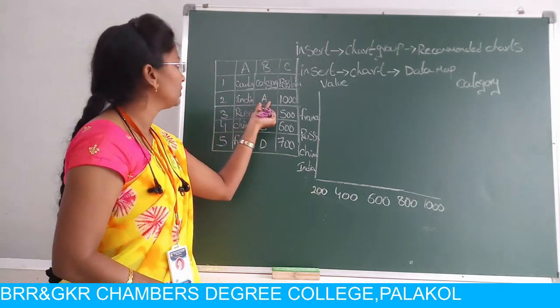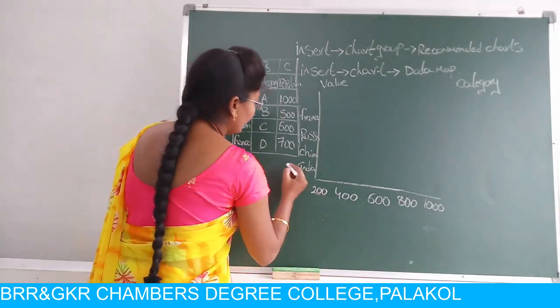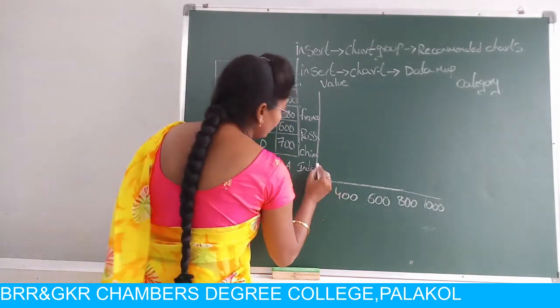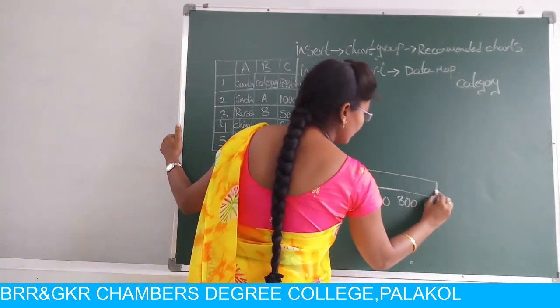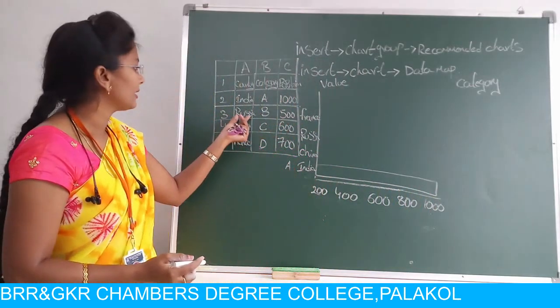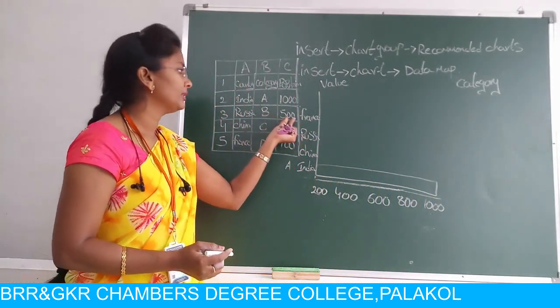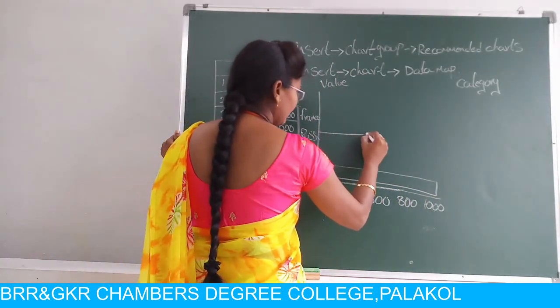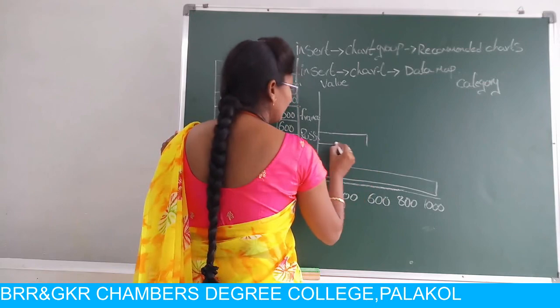Here, India, population category as A, and this category is A, and the population is up to 1000. The bar chart will appear like this. And the second is Russia, B category, and it's for 500. That means it will appear up to here.